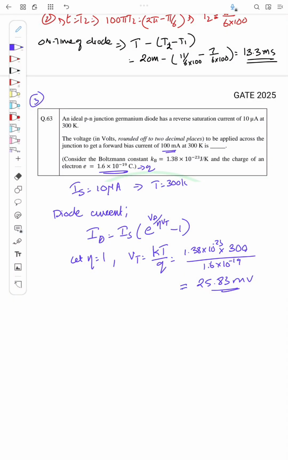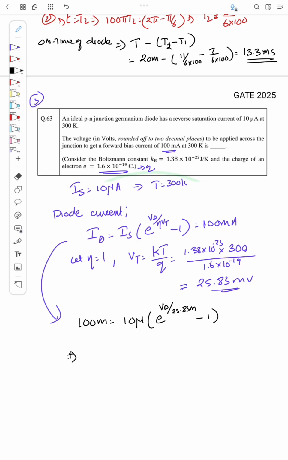Now if I substitute in this equation, ID given here is actually 100 milliampere, right? So ID is 100 milli, IS is 10 micro, that into e power Vd, which is the voltage that I need to find, eta is set as 1, over 25.83 milli, minus 1.